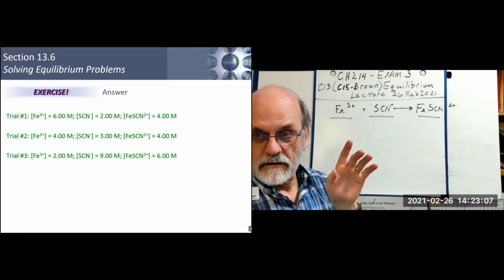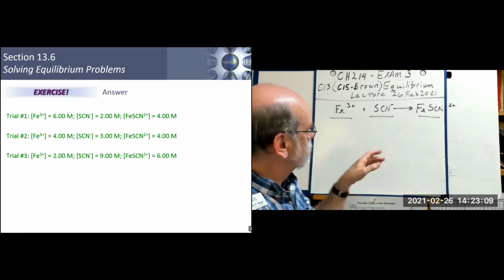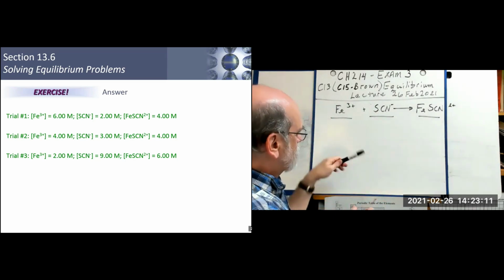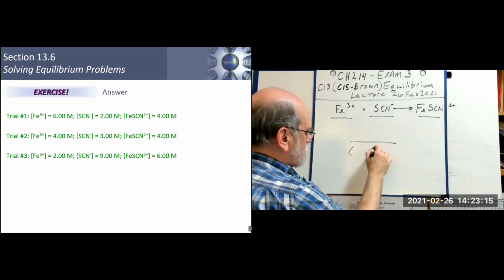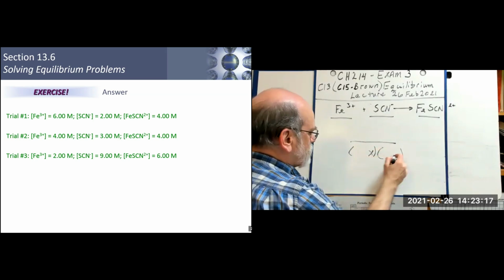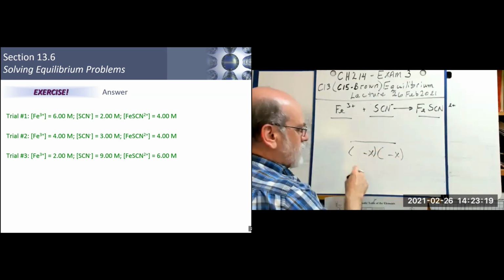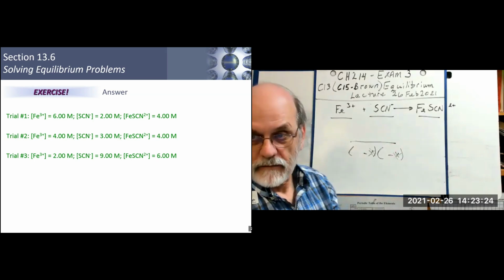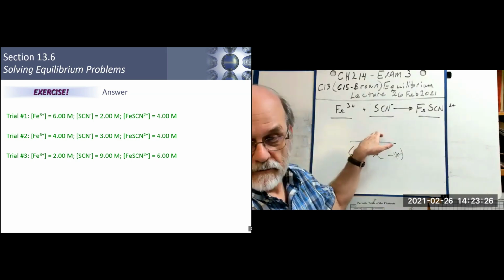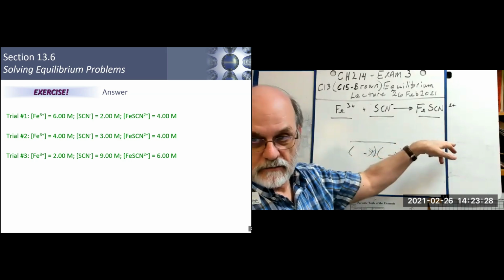In our case, for the bottom, where you have the x's in the denominator, you have an x there and an x there. You get rid of those, throw them out, and just keep the x up here, and do a calculation.